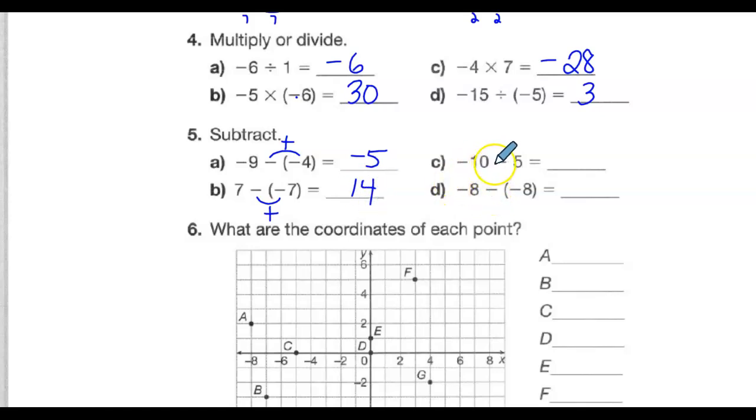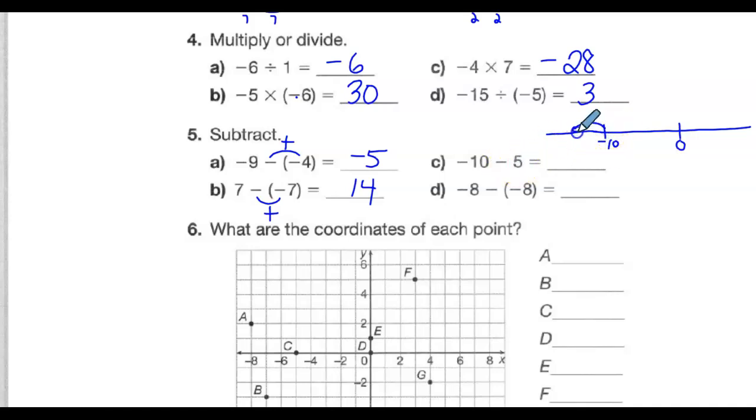Now there's no two signs in between. It's just strictly -10 minus 5. So if you think about integers on a number line, with 0 there, negatives on the left. So when you're subtracting, you're going to the left. So this one, we're starting at -10, and then we're subtracting 5 more.